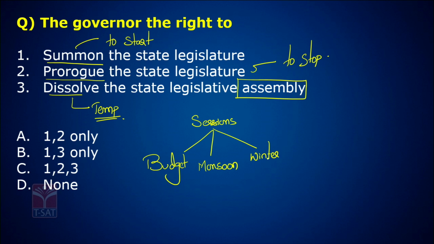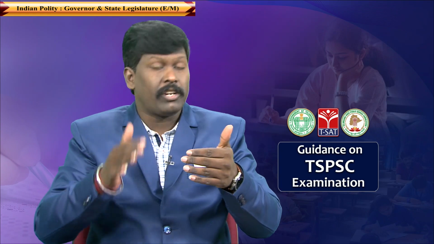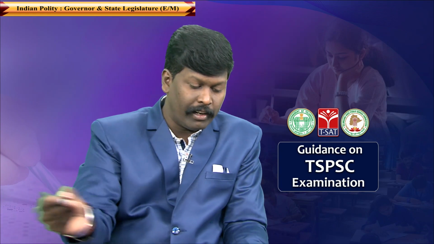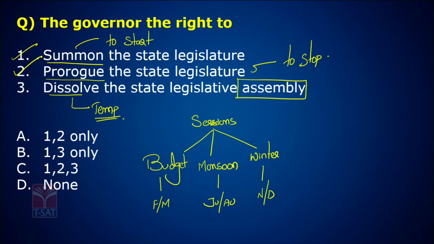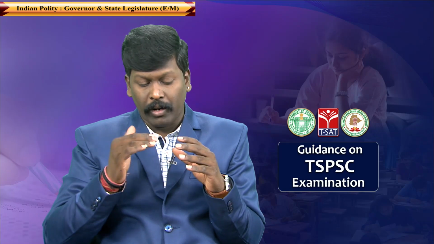Generally the budget session is in February, March, monsoon session July, August, and winter session November, December. Now the question is, who starts the session of the state legislature? Who stops the session? The answer is the Governor. The Governor has the authority to start or stop the session of the state legislature, like the President. The President has the authority to summon or prorogue the Parliament. Now look at the third statement.